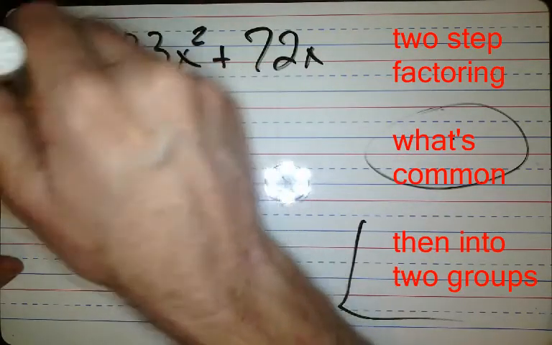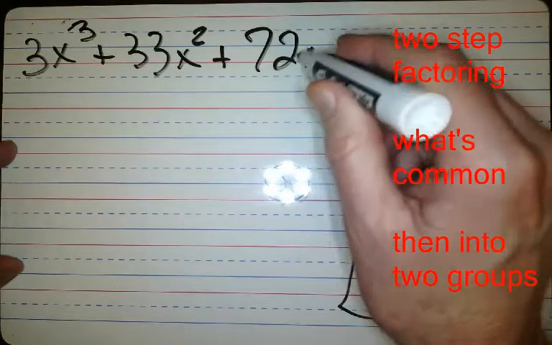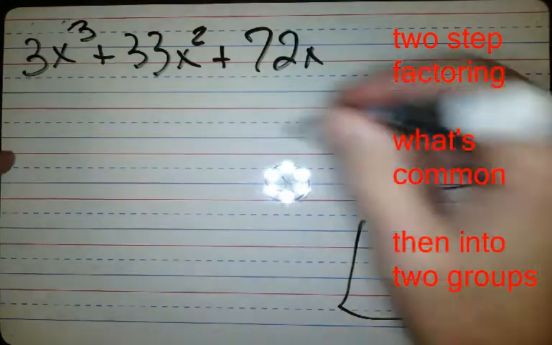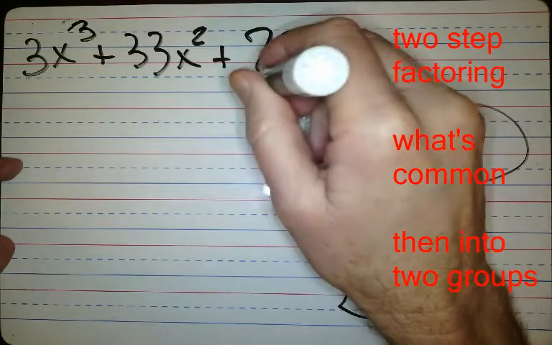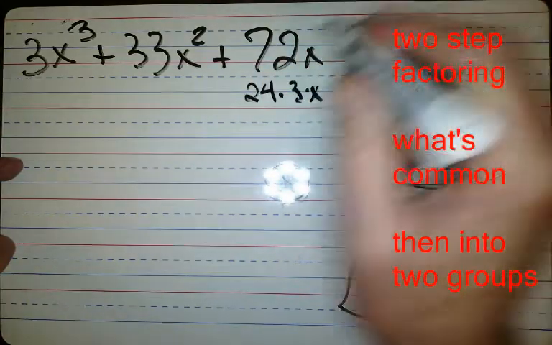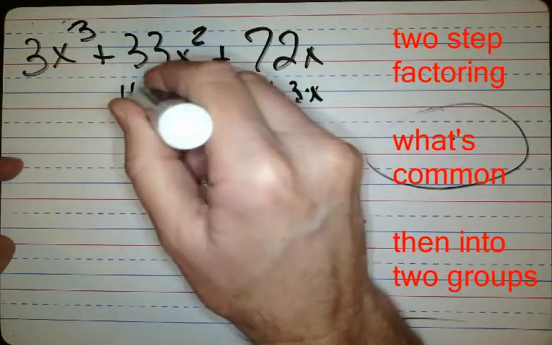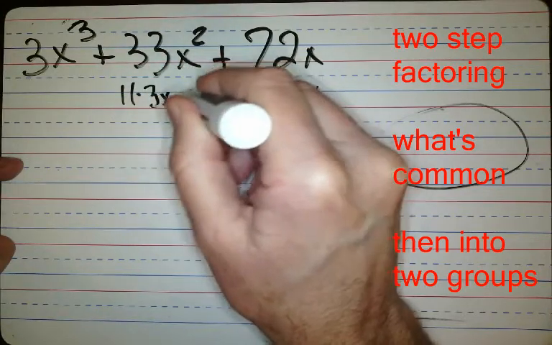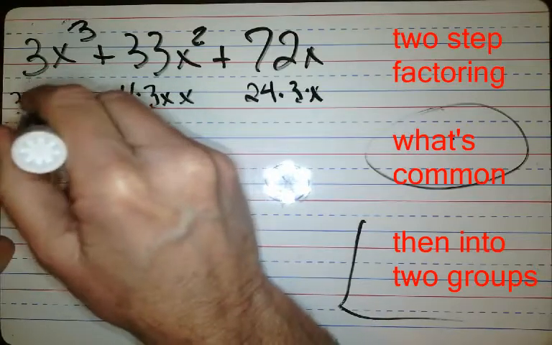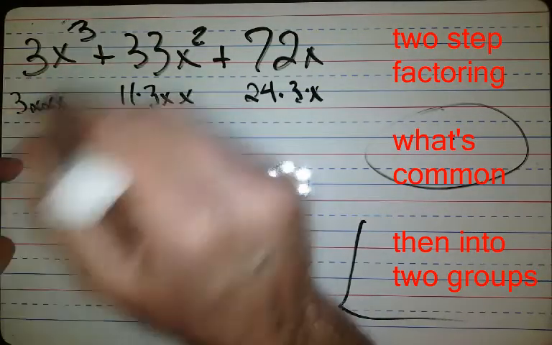So, I know that this one is 24 times 3 times x. And this one's 11 times 3 times x times x, right? There's 2 x's there. And this one's just 3 and then triple x, right?